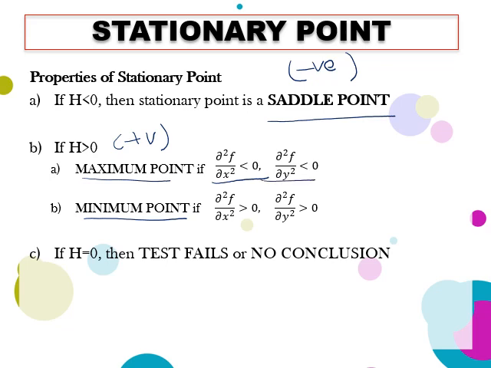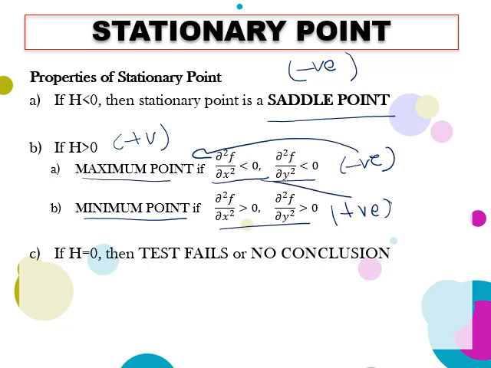If they are less than 0, which is negative, it is a maximum point. If both values are positive, then it is a minimum point. The last one is if H equals 0, the test fails, so there is no conclusion.